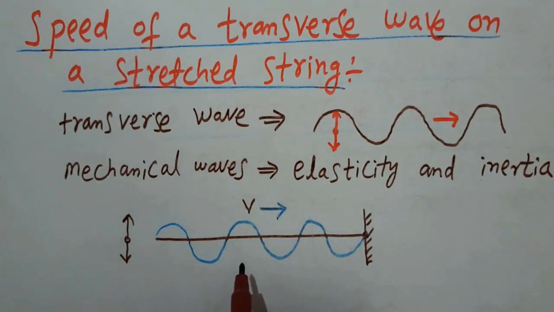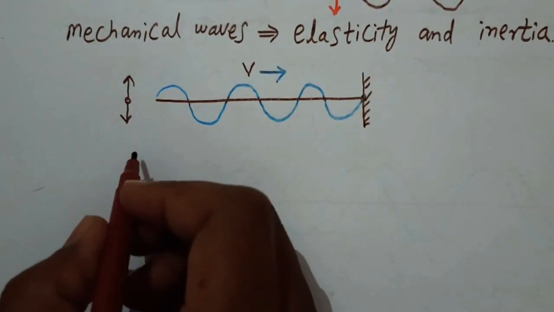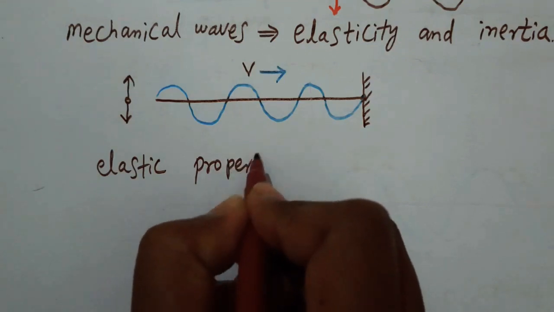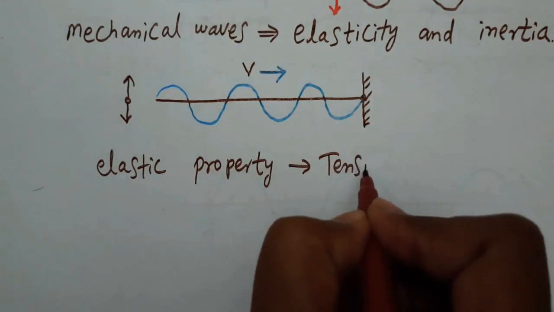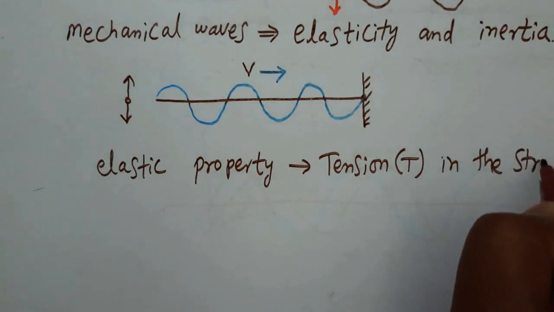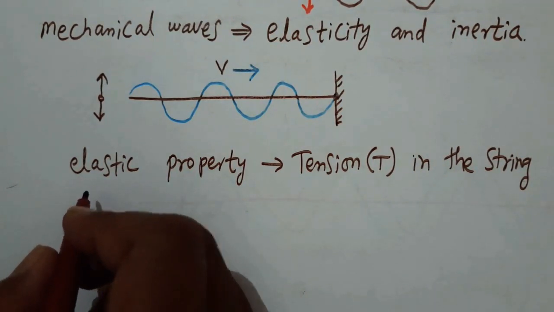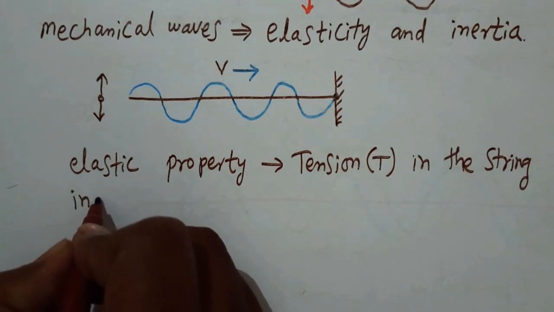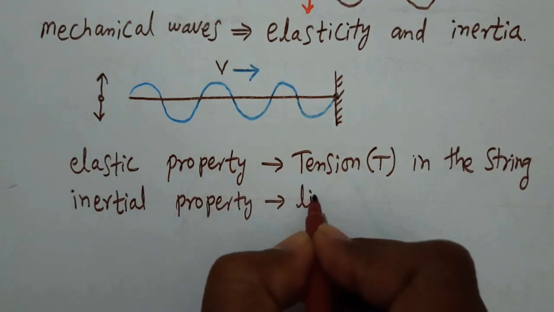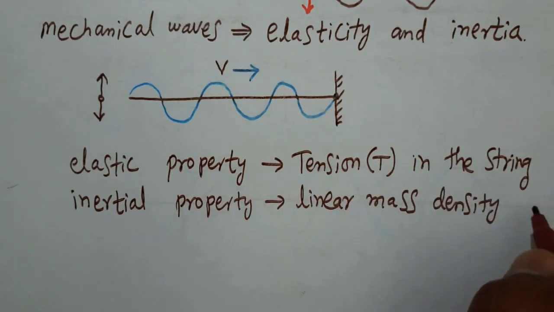In the case of transverse waves on a stretched string, the elastic property is the tension in the string, and the inertial property is the linear mass density, that is mu.